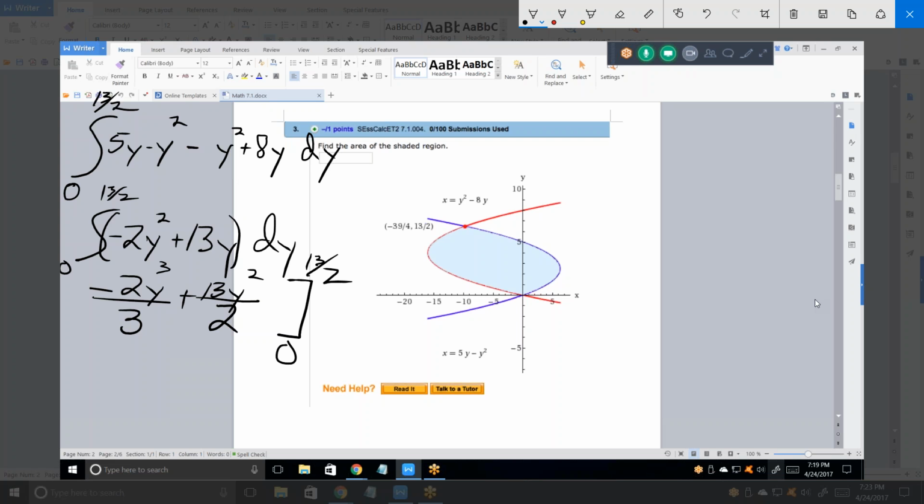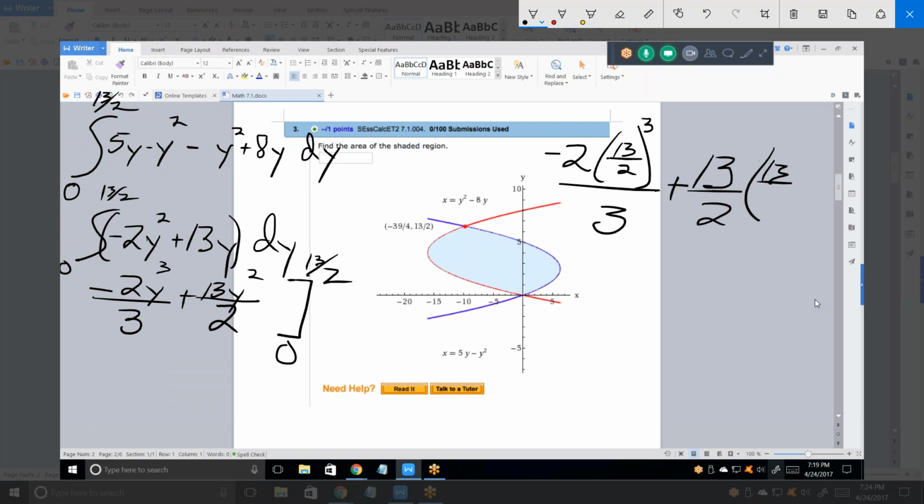We start with the 13 halves, but you can see what's going to happen when we evaluate it at 0. The whole thing goes to 0, right? So really, the only thing we have to do is the first evaluation. So over here in the upper right, I'm going to plug in 13 halves in parentheses, cube it, and add 13 times 13 over 2 times 13 halves squared.